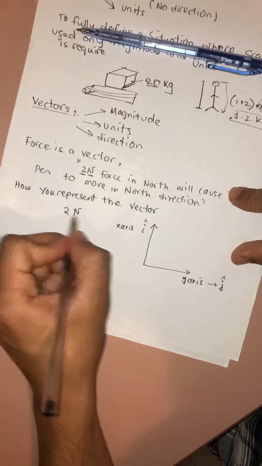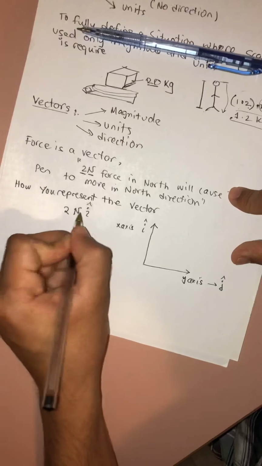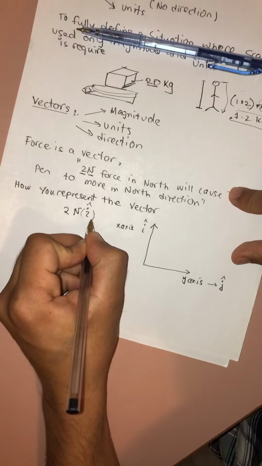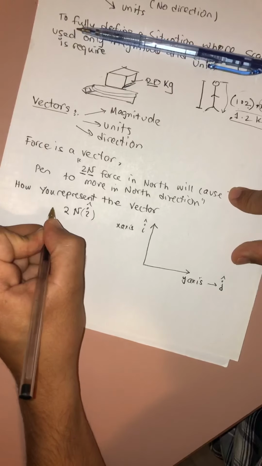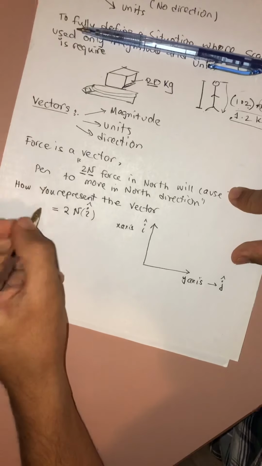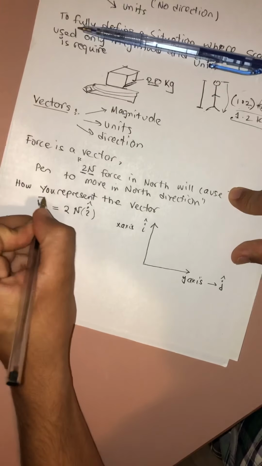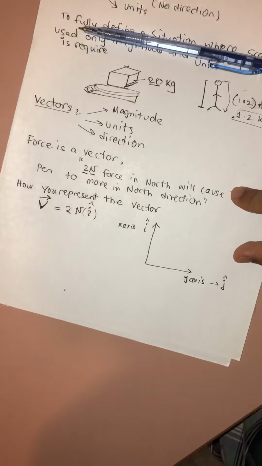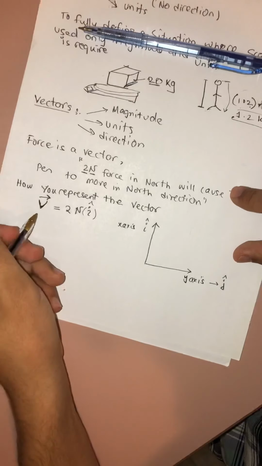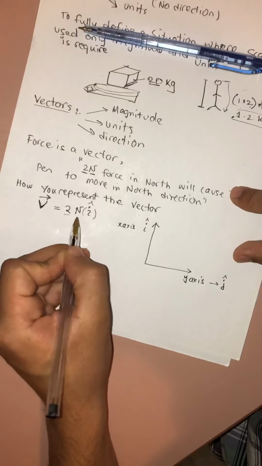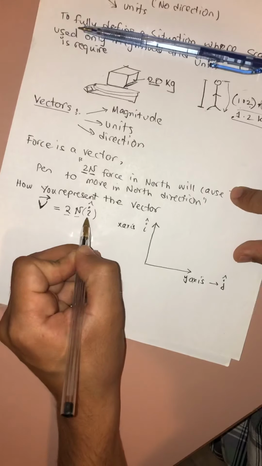So 2 Newton with a direction will give you the representation of a vector. V, usually it is in bold and there is an arrow above it. V is the vector whose magnitude is 2, whose unit is N, and whose direction is i.